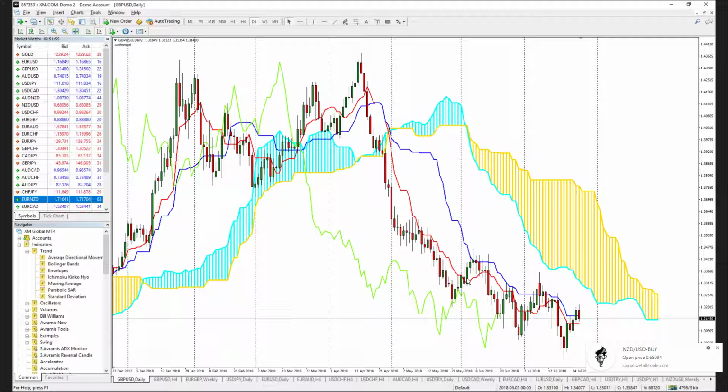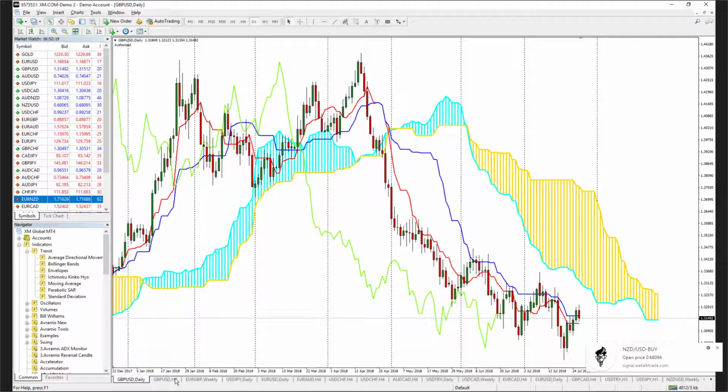Maybe someone else who was waiting for a less aggressive exit was waiting for a close above the Kijun Sen. And maybe someone else was waiting for the double crossover for the red to go above the blue in order to close that position. So how we execute that entry or exit can be in different ways.